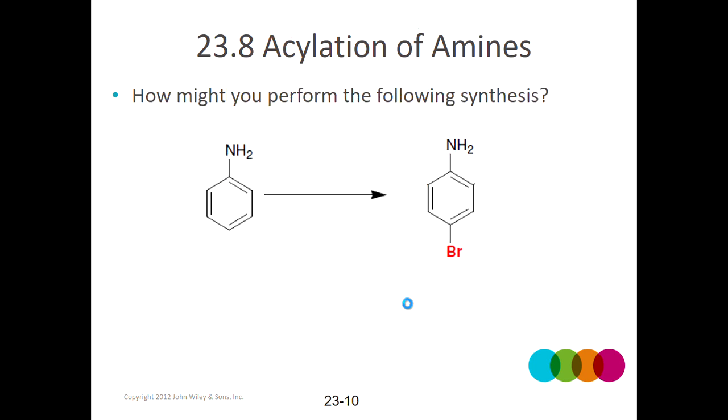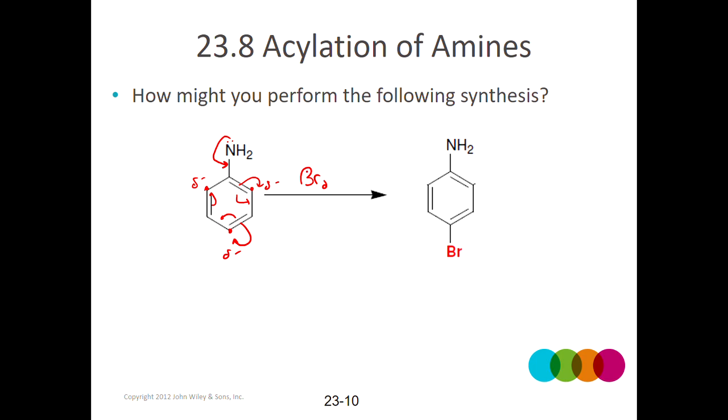So let's say you want to do this reaction here. This is an issue, because if we add Br2, if you remember from chapter 19, the nitrogen's lone pair is engaged in resonance here, and it makes the ortho and para and other ortho positions quite nucleophilic because of the minor but significant resonance contributors where the lone pair pushes these electrons onto the ortho and para carbons.